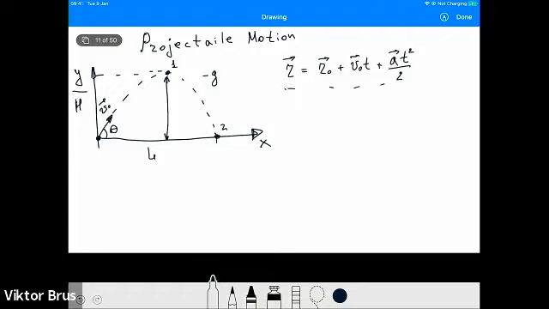So let's first consider the two components of velocity which we have, because this can be projected on axis x. It will be vx and vy. So we have vx equal to v naught multiplied by cosine theta, and vy equal to v naught multiplied by sine theta.